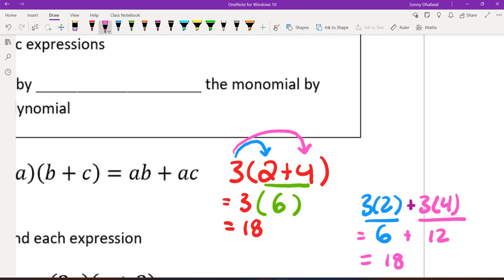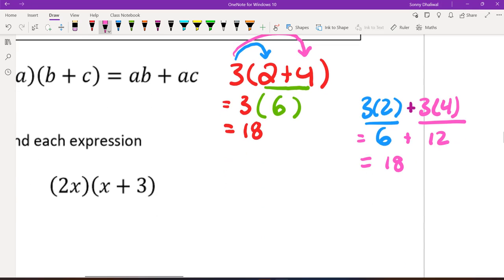Now, normally you would never do this for this kind of question. Right? This is a lot faster. But when you have terms inside the brackets you just can't add, we have to do something like this. So this is where the nice part of math starts coming out. Up to now, most of the stuff you guys have been doing is like, hey, you have to do step 1, step 2, step 3. There's only one order.